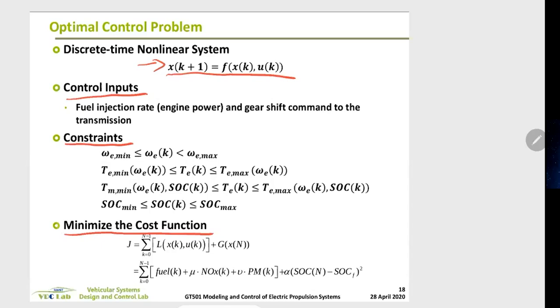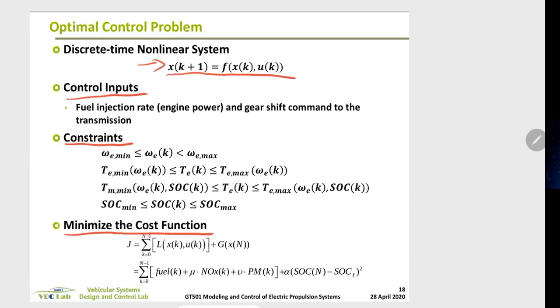This cost function can be a tricky part, but sometimes not. But if you can list out all of these, then you're setting up your optimal control problem properly. So once you have all of this information, then you're ready to move on to solving the problem. But you need to first formulate the optimal control problem using mathematical equations.